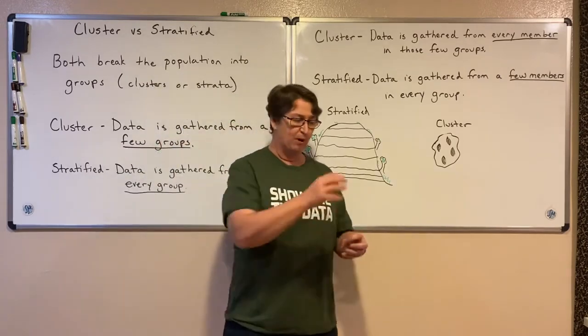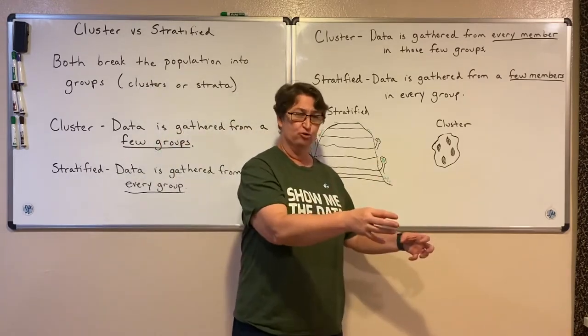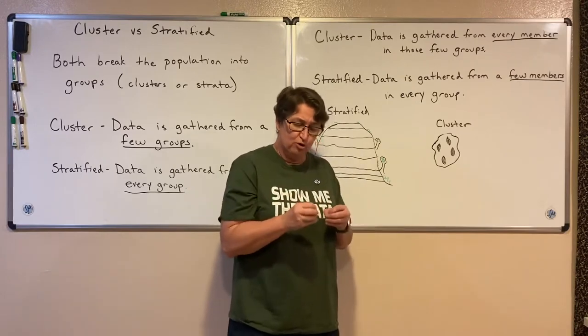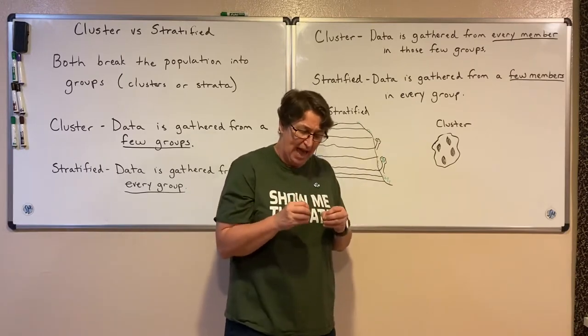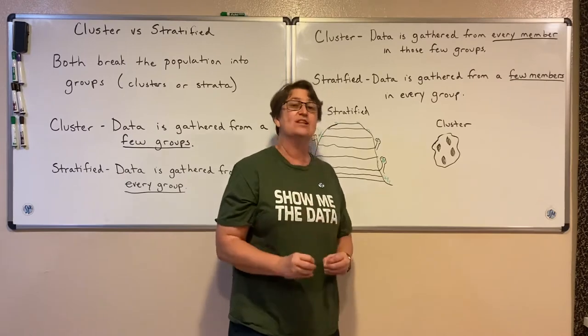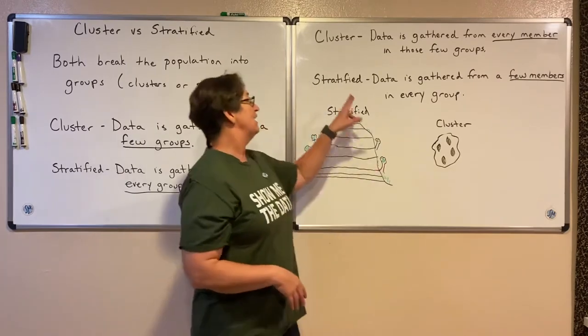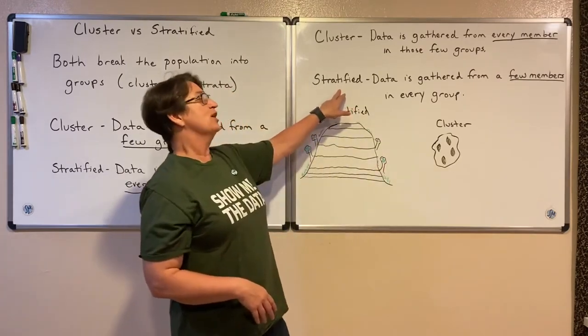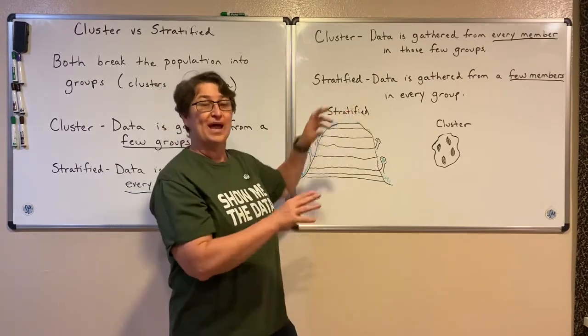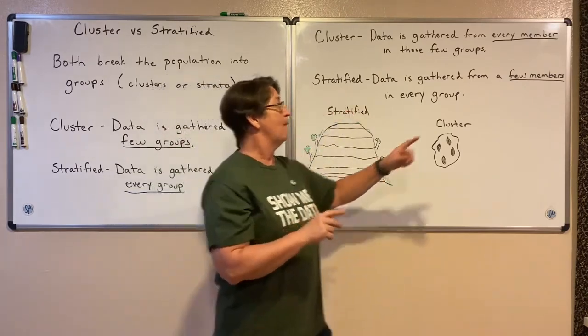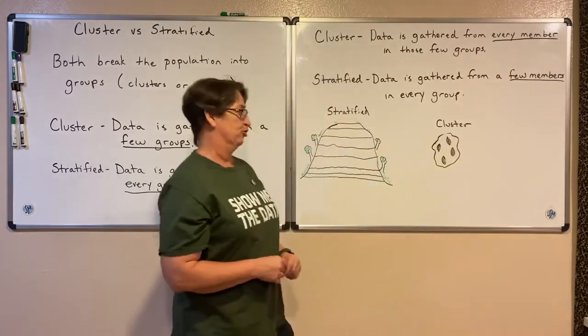So we've divided the population into groups. We choose a few of those groups and look at every member in those groups. Whereas in the stratified, we go to every single group and just choose a few members from every group.